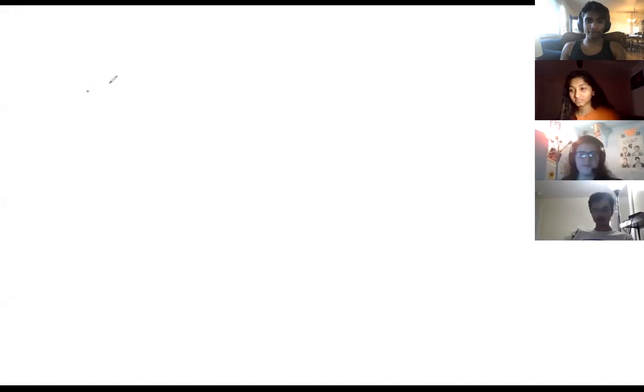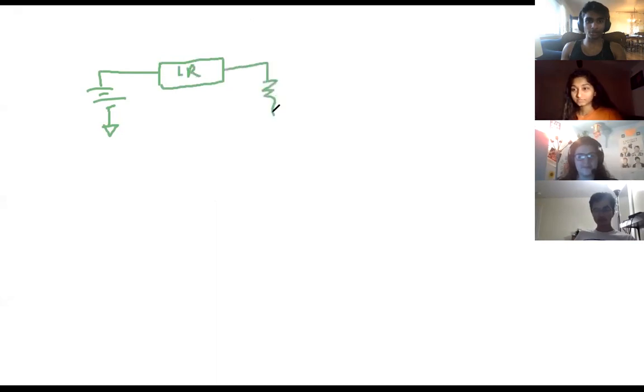So we have a battery or a power supply or whatever, right? And this is grounded. And then let's call this our linear regulator. And this is our load. This is also grounded.